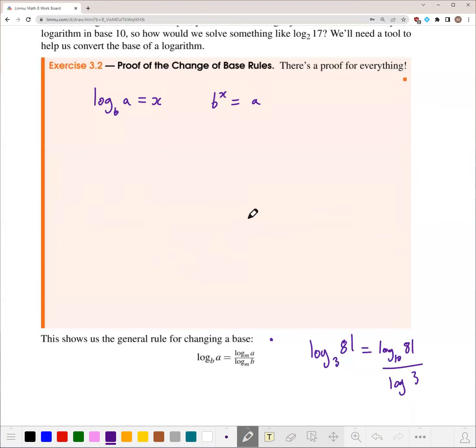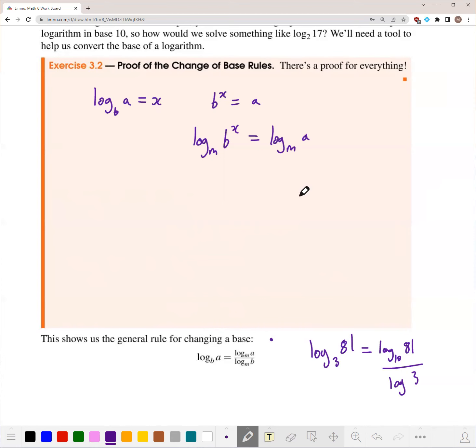We talked about logarithms as an operation. So here's a nifty idea: why don't I go log base m on this side, and log base m on this side. So I'm applying the same operation to both. And it makes sense, right? If b to the power of x equals a, then the log base m of b to the power of x should also equal the log base m of a. And that's true.